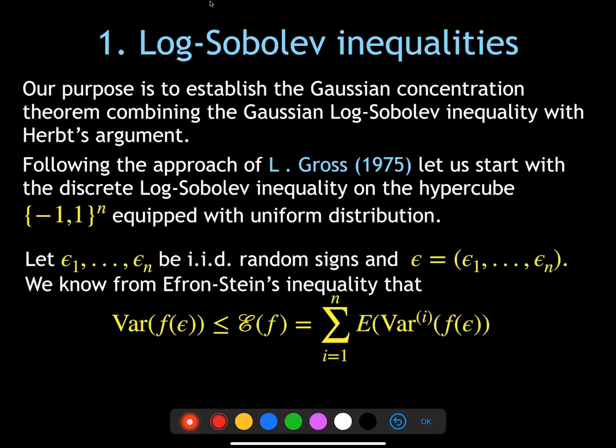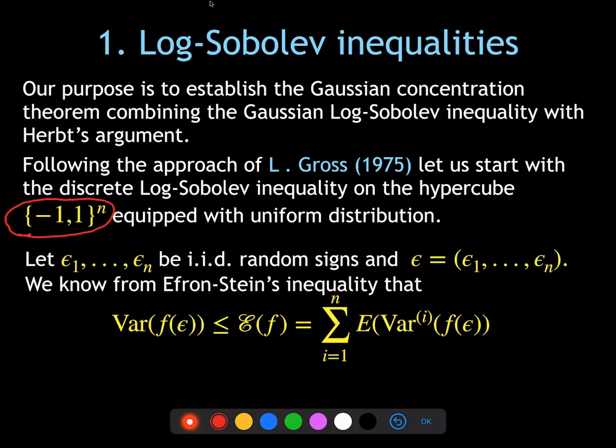First of all, let's see what happens on the hypercube. We look at the hypercube -1, +1 to the power n. We equip this set with the uniform distribution, which is equivalent, of course, to looking at random signs which are independent and such that the probability that they are equal to 1 is 1/2 and to -1 is 1/2.